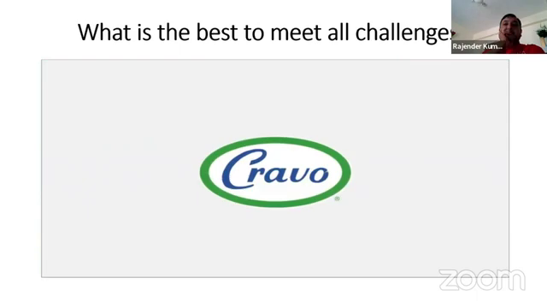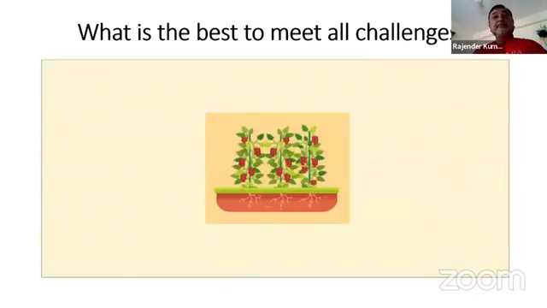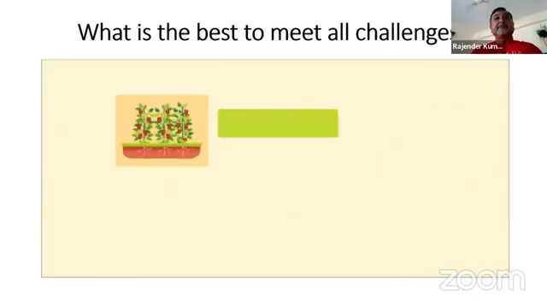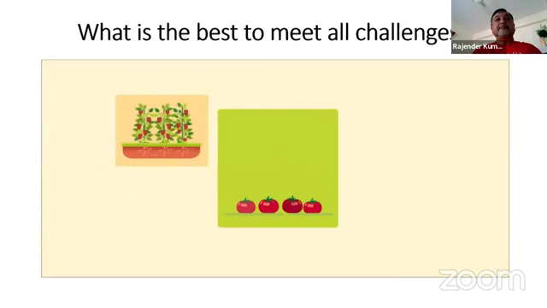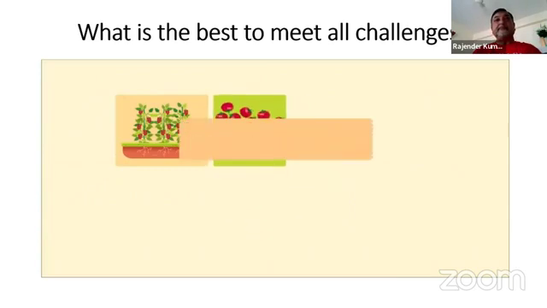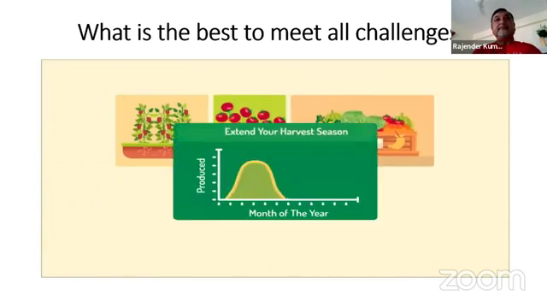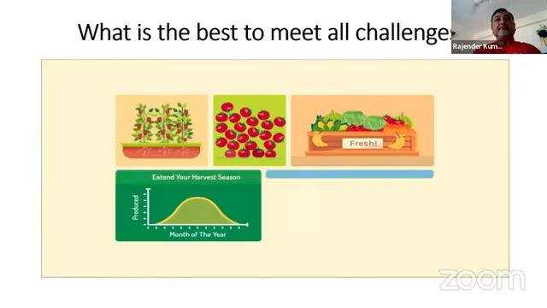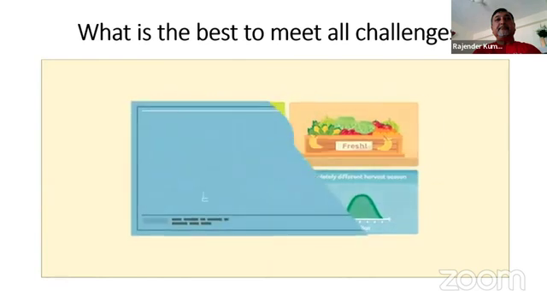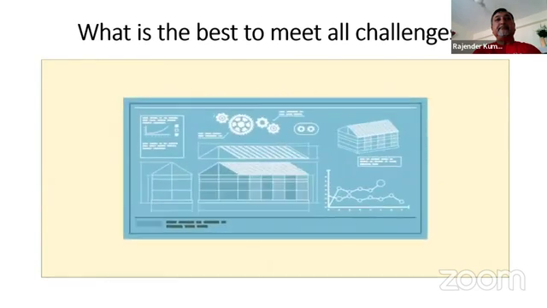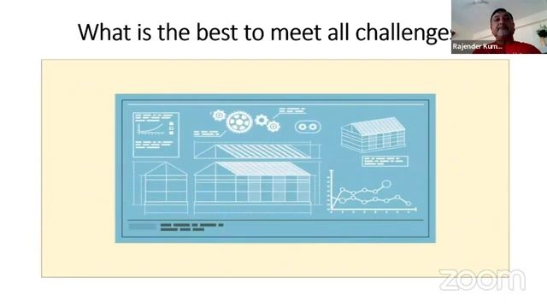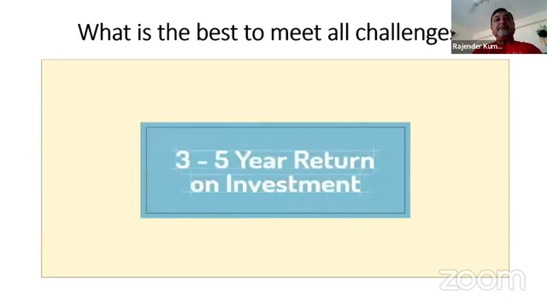By working with Cravo, you can create optimum growing conditions year-round to produce crops with larger size, with higher yields, longer shelf life, extend your harvest season, or target a completely different harvest season. Together as partners, we will create an innovative production system to meet your market opportunities and climate challenges, while targeting a 3 to 5 year return on investment.